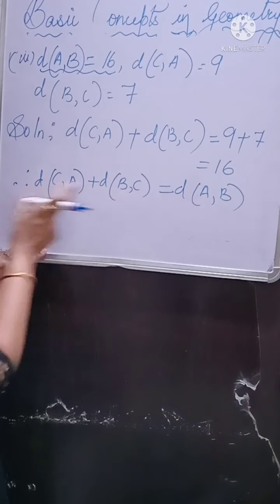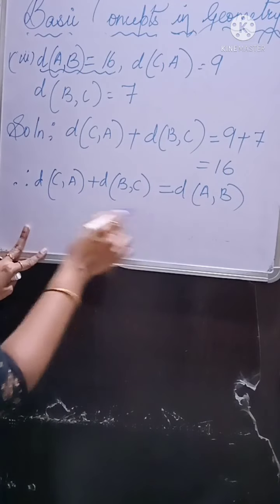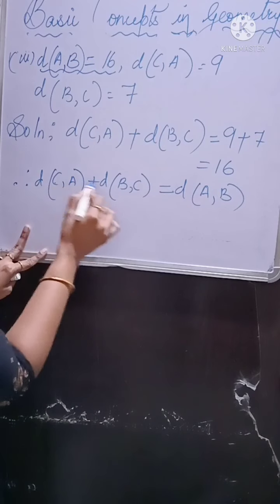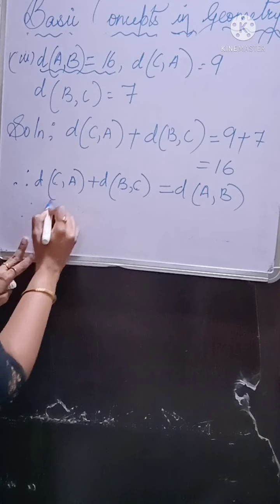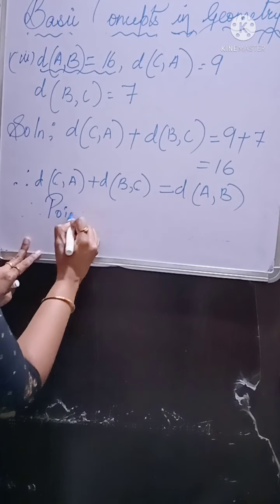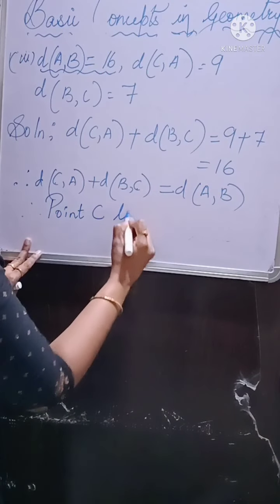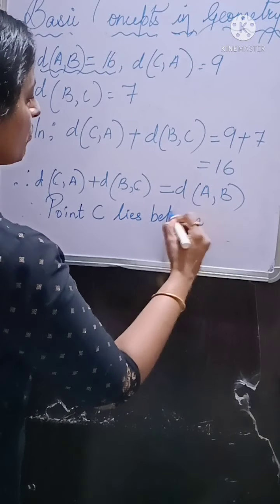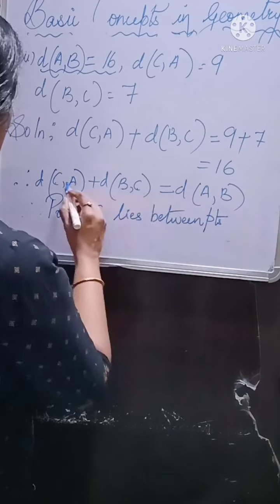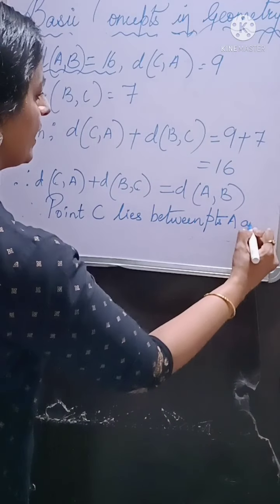Look at the left hand side. Which point is repeated? C, A, B, C. Which point is repeated? Point C. So you will write, therefore, point C lies between points A and B.